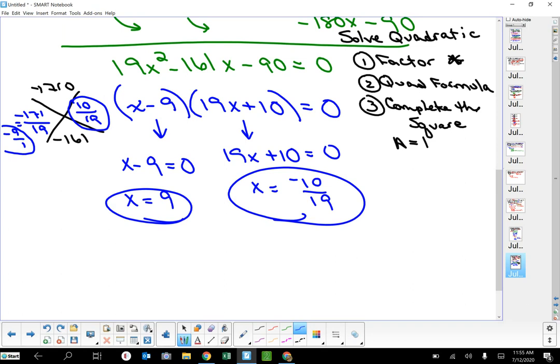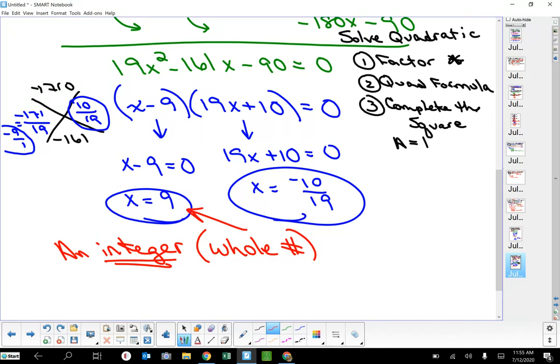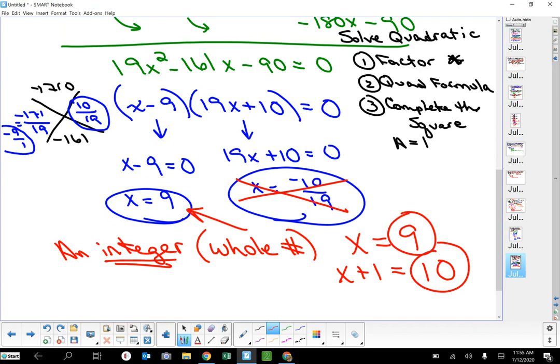However, remember at the beginning, we were told that an integer, which means a whole number, which is clearly only this and not this, is going to answer this question. And so we had two consecutive integers. They were x and x plus 1. So if x equals 9, then x plus 1 equals 10. And these are our two integers that we are going to answer that question with.